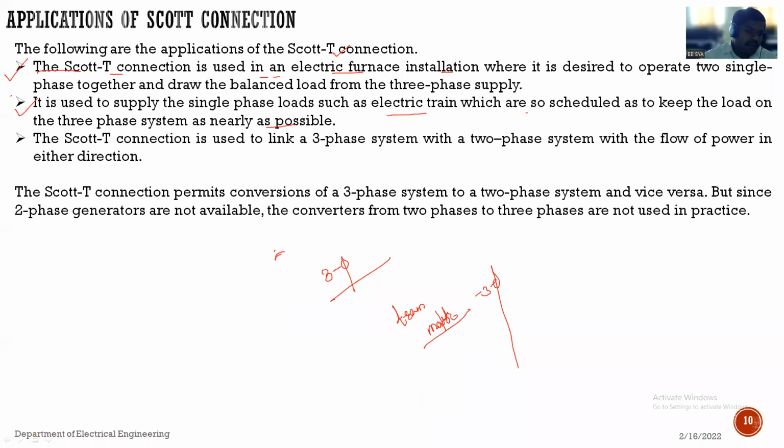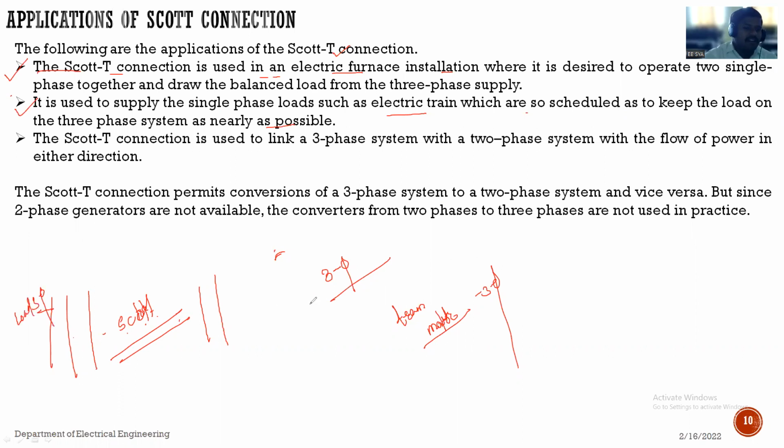Suppose one three phase line is there, and here one of the two phase lines is there. If we use a three phase to two phase conversion like a Scott connection in between, then on the three phase line there can be some load connected, like a three phase motor.